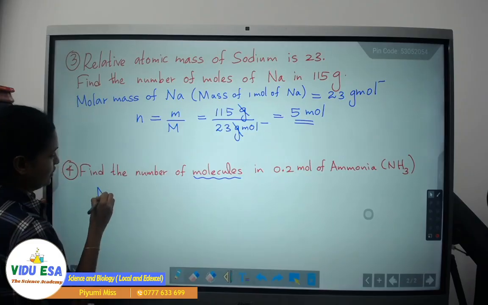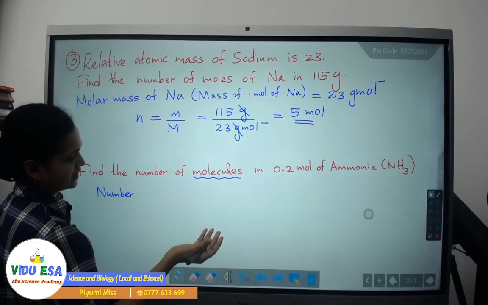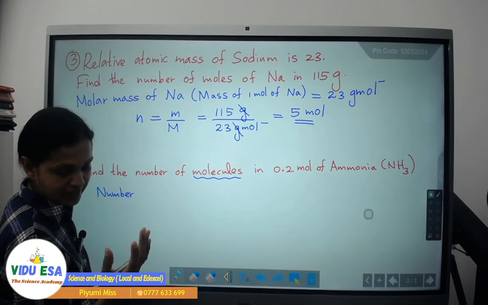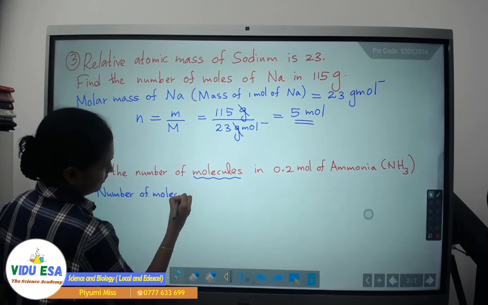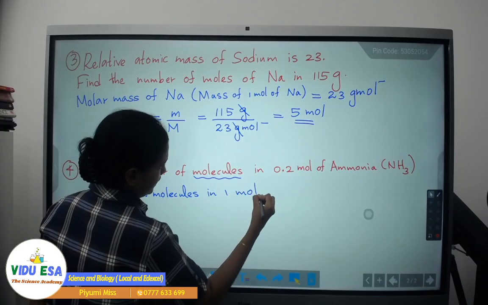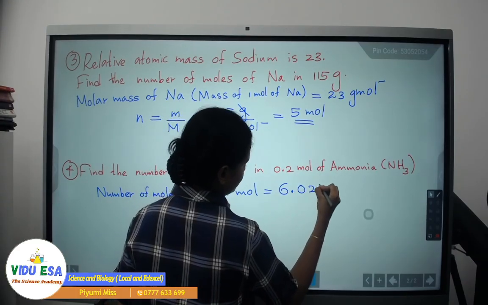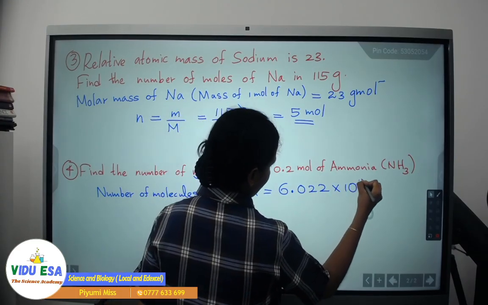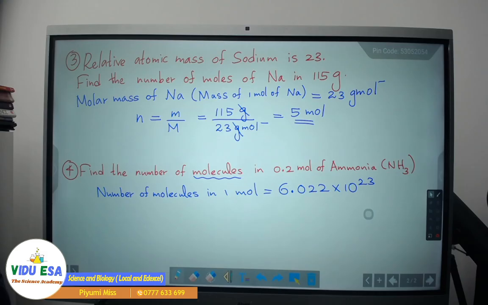Number of molecules in 1 mole, like ammonia, the water, the CO2, the SO2, whatever. Number of molecules in 1 mole is equal to the Avogadro constant, 6.022 into 10 to the power 23. Right? That is the number of molecules in 1 mole.